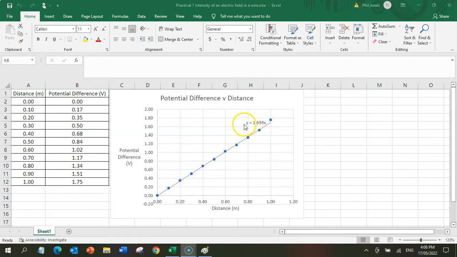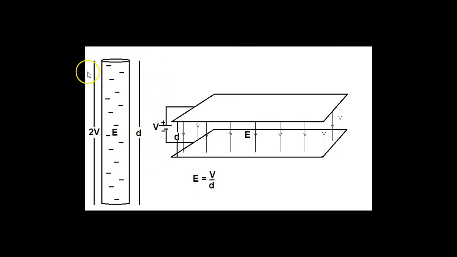Now, what does this equation, or more particularly, what does the gradient represent? The answer to that is that it represents the strength of the electric field along the wire. Let's have a look at a diagram. So here you can see a length of the wire. We've got the voltage, or potential difference, there, and the distance there.